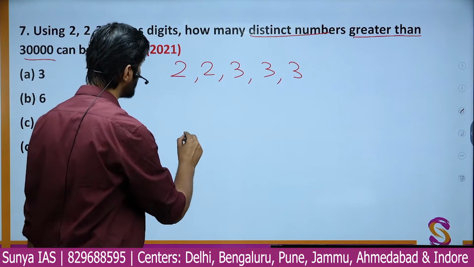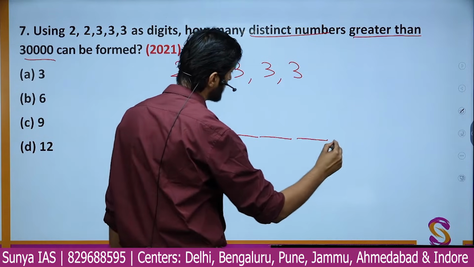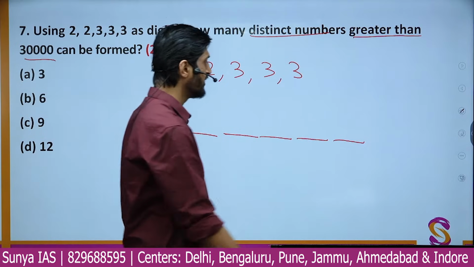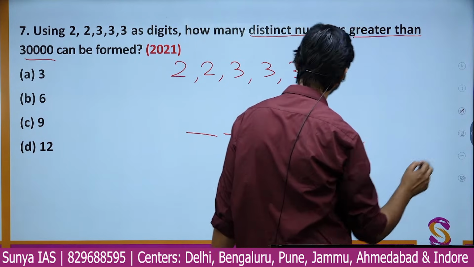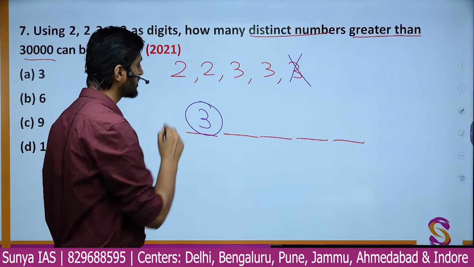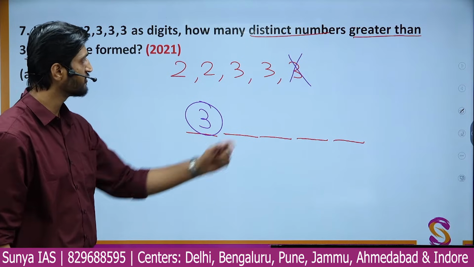So suppose we have to create 5-digit numbers which are greater than 30,000. If a number has to be greater than 30,000, then definitely the first position has to be filled by a 3 without any doubt. So this first position is actually locked for 3. What about the next 4 digits?